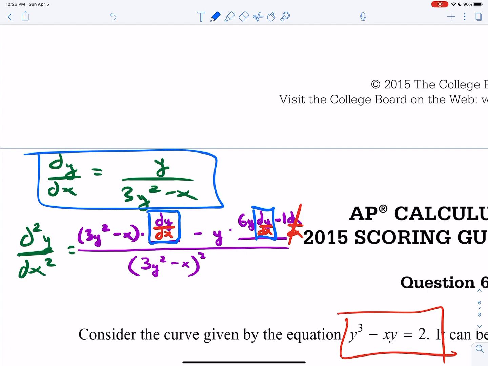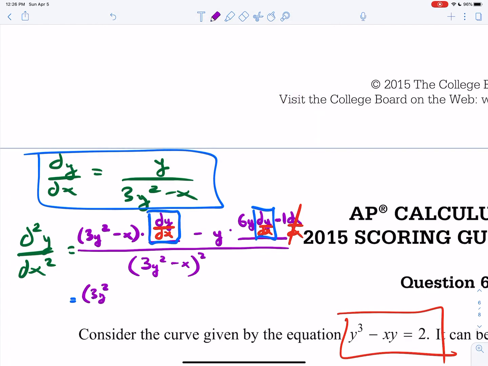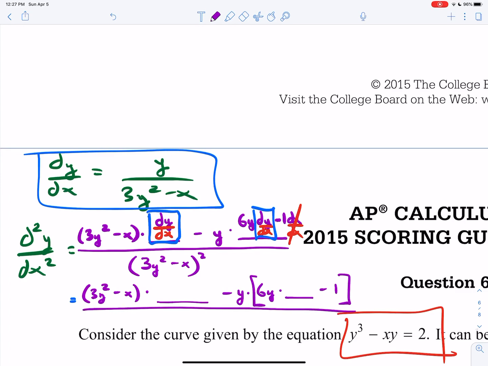So I'll write it here. It's going to be 3, I'll color code this, it'll be (3y squared minus x) times something, minus y times (6y times something minus the 1), all over (3y squared minus x) quantity squared.